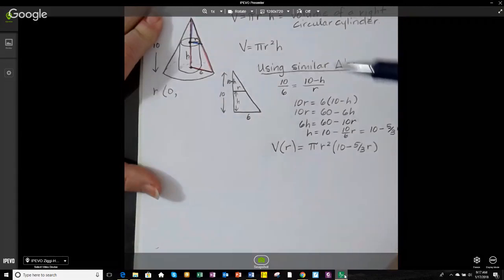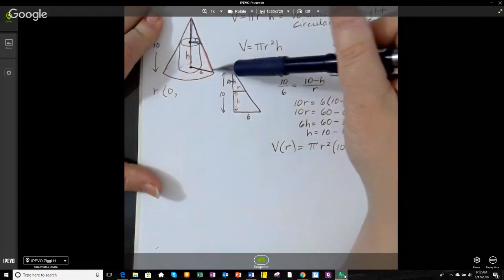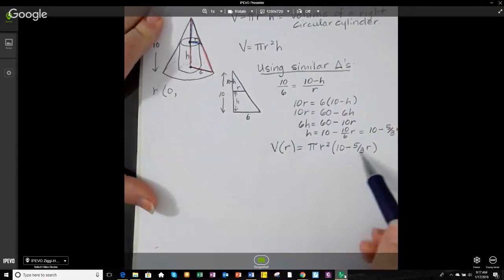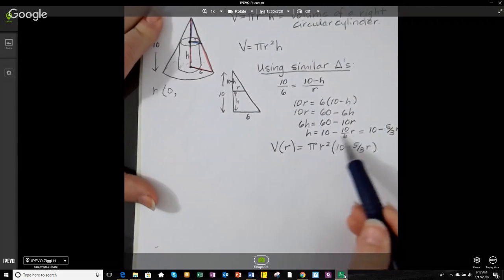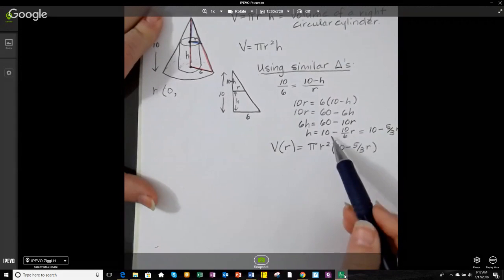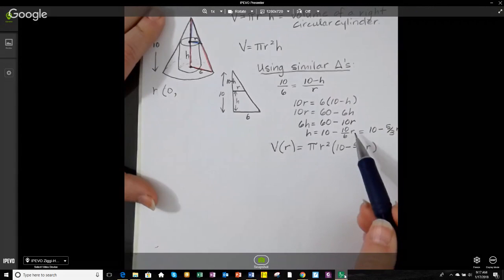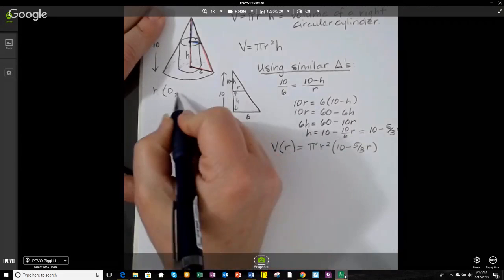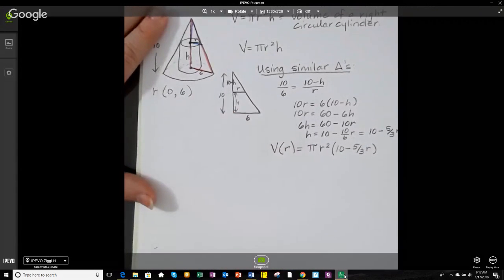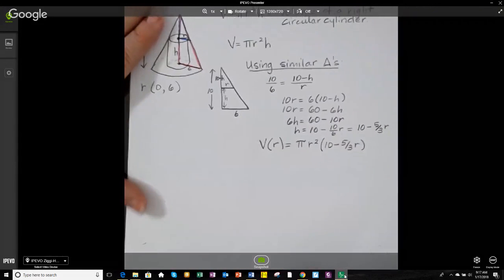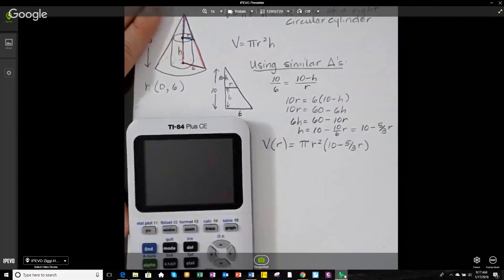Do you suspect that r has to be less than 6? Because I think if we put 6 in this expression for h, it's equal to 0, isn't it? So 10 minus 10 sixths times 6 is equal to 10 minus 10, which is 0. So I think r has to lie between 0 and 6, which is going to help us with setting up the window on our calculator.